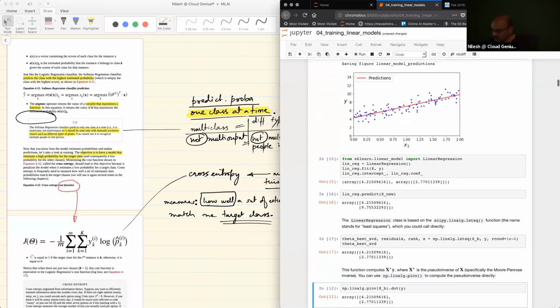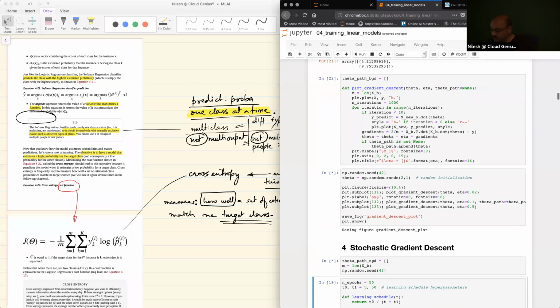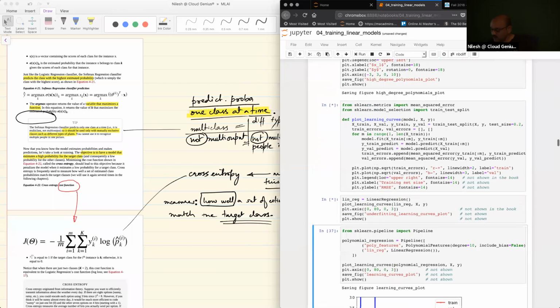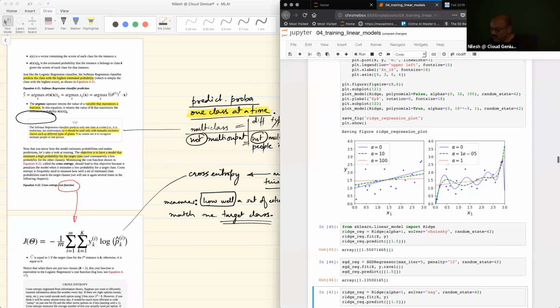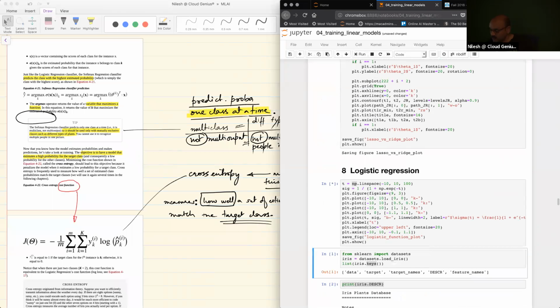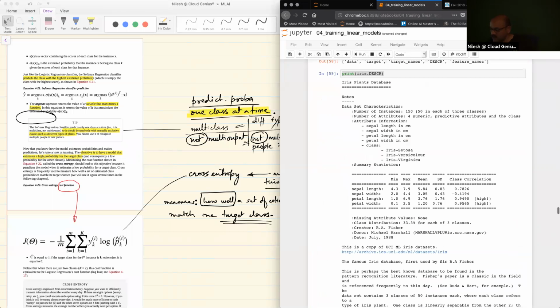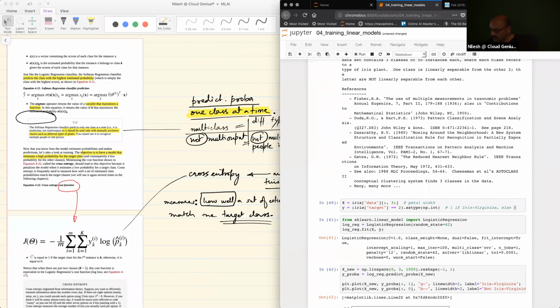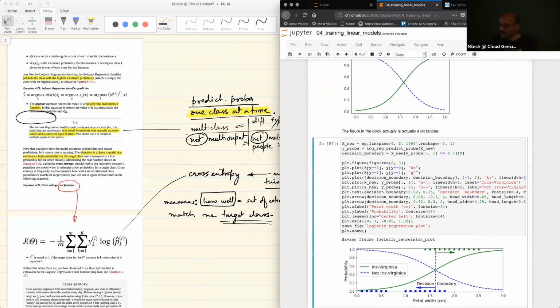I'm just zipping through these and reaching the point where we want to be, which is logistic regression, and then the iris database comes along, and then our sklearn. Okay, and now it is running.